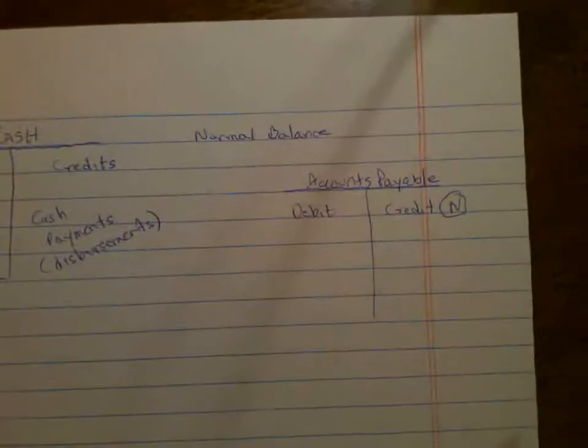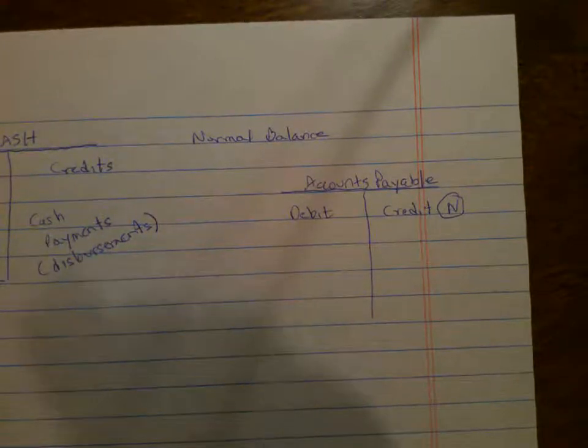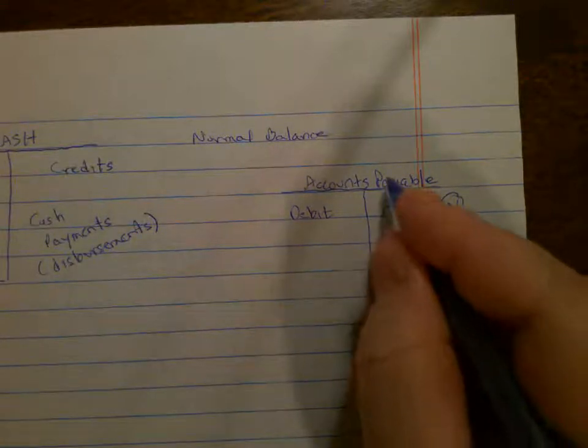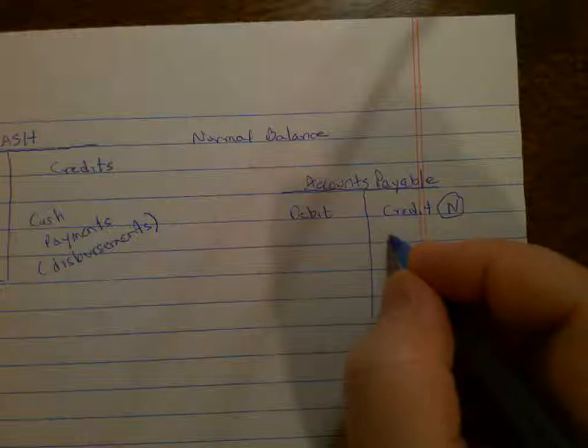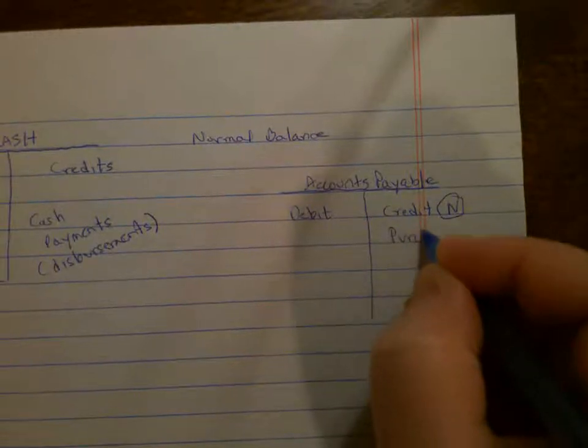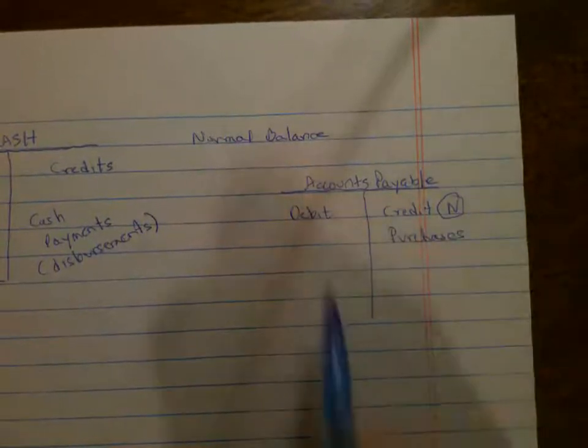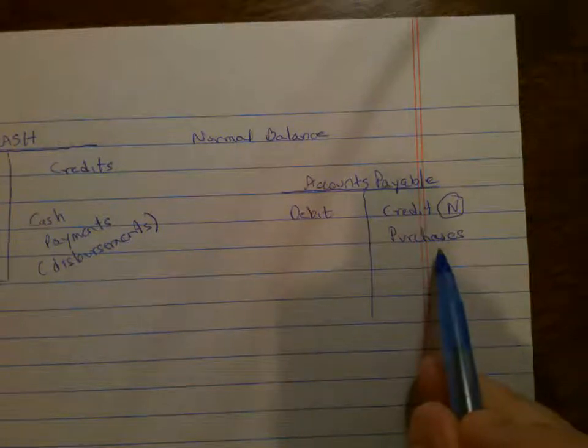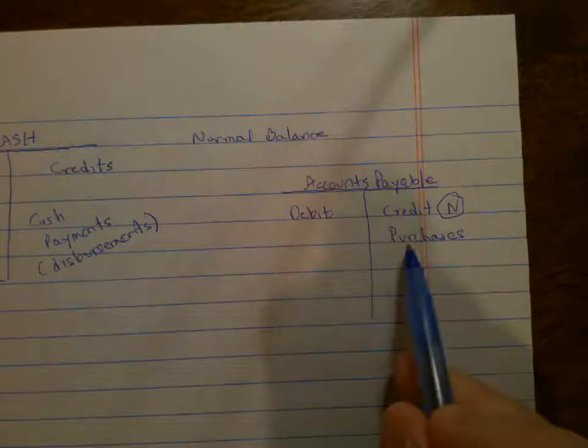Over here in accounts payable, right? When we purchase something on credit, okay, our purchases, that's where they're going to show up here. When we make a purchase of something and we owe it to somebody, this is where it's going to show up.